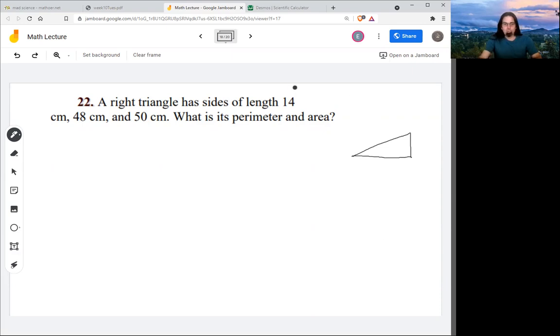So I have three numbers, 14, 48, and 50. And for the area, I only want the base and the height. So whichever one is the diagonal, the hypotenuse, is a distraction for the area part. Which one goes there? Because I can't get that wrong or I'll mess up the area. The 50.